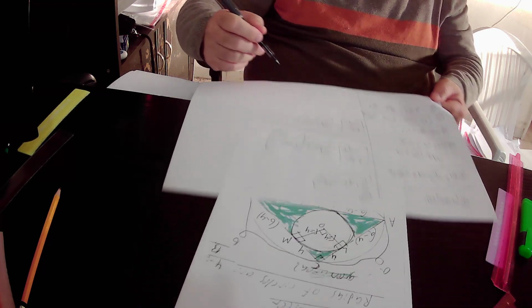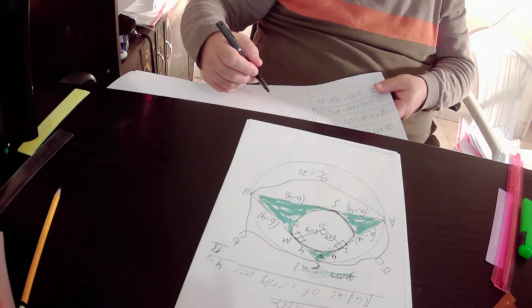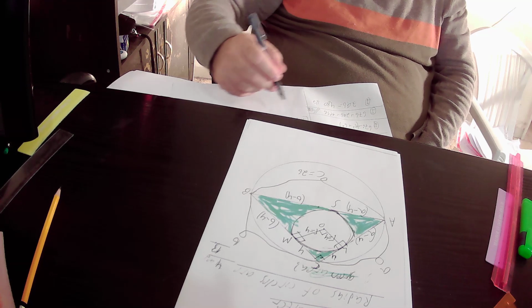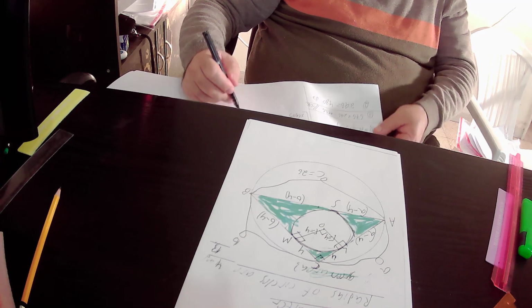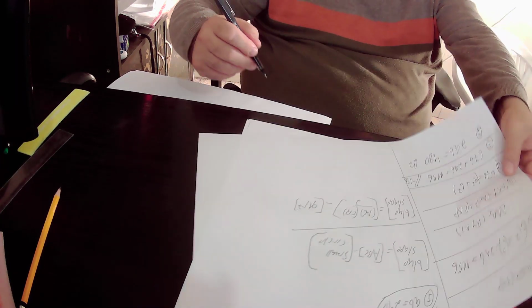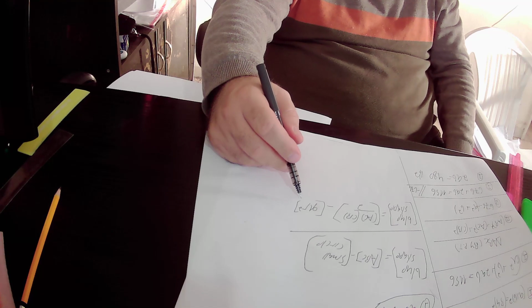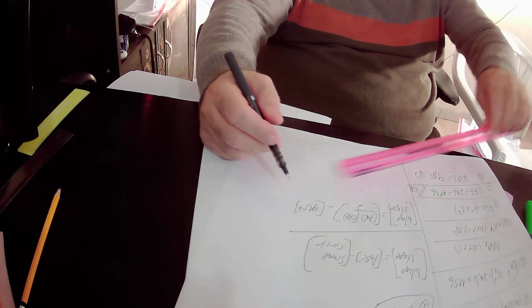We know that the area of the small circle equals pi r squared, and r equals 4 units.